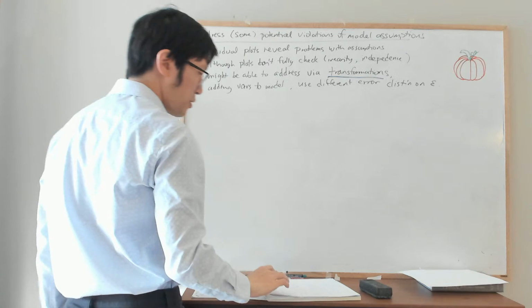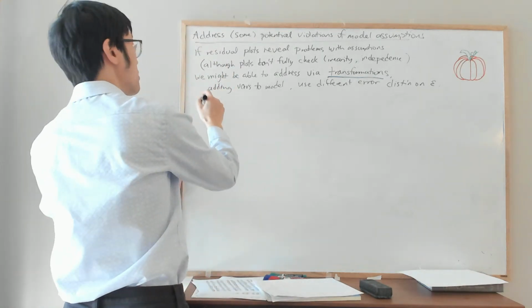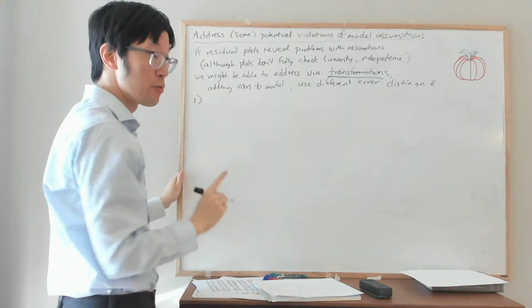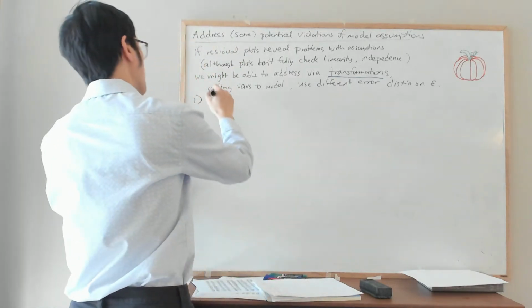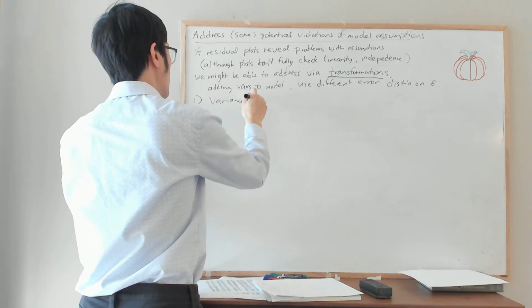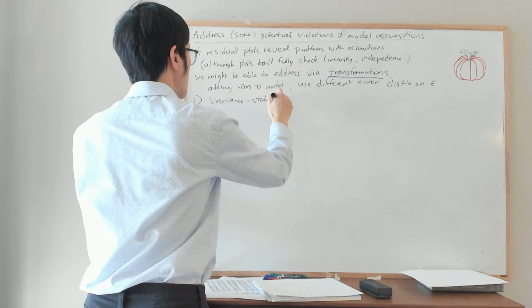Okay, so let's dive into this. The first one is transformations, especially of the response. We'll talk about transformation of the response first, and they're often done to stabilize the variance. So these are known as variance stabilizing transformations.